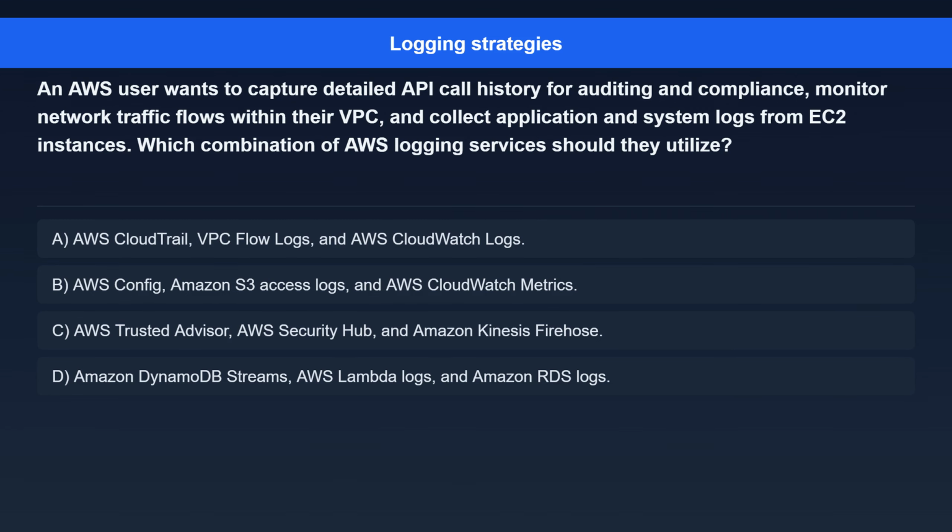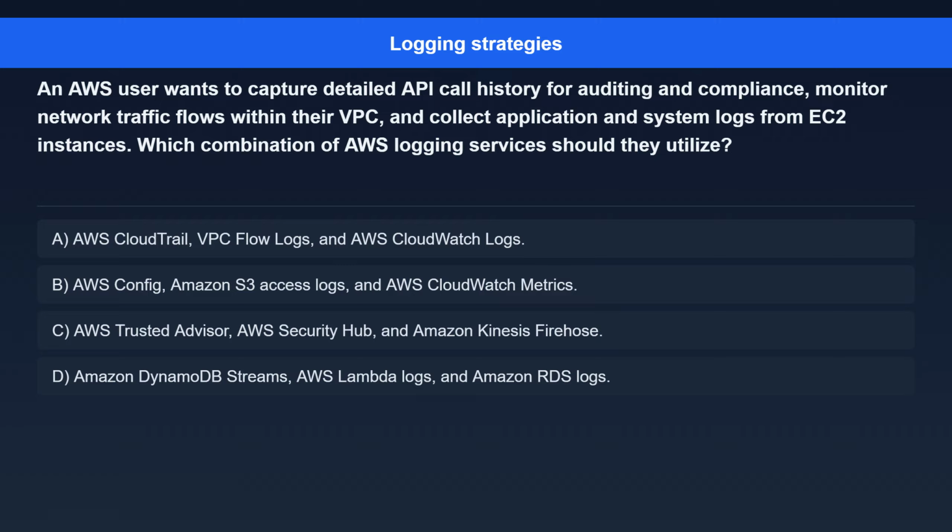Question 8. An AWS user wants to capture detailed API call history for auditing and compliance, monitor network traffic flows within their VPC, and collect application and system logs from EC2 instances. Which combination of AWS logging services should they utilize? Option A, AWS CloudTrail, VPC Flow Logs, and AWS CloudWatch Logs.